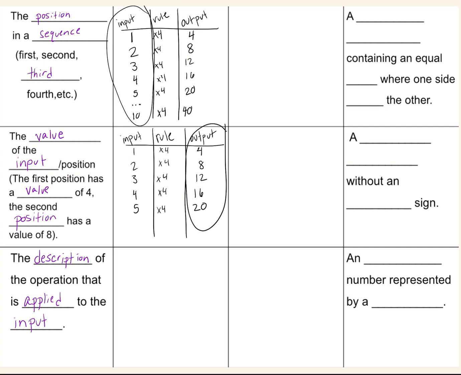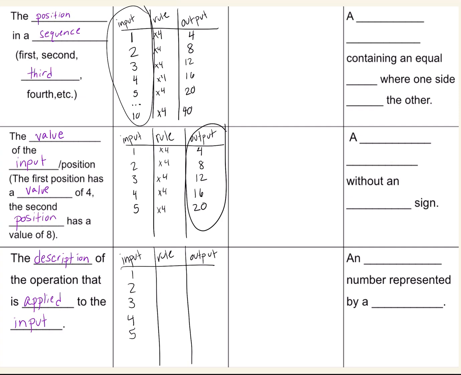All right, again I'm going to set up the same one. We have our input, our rule, and our output. Same thing we were seeing up there, except this time I'm going to go a little deeper into our rule.